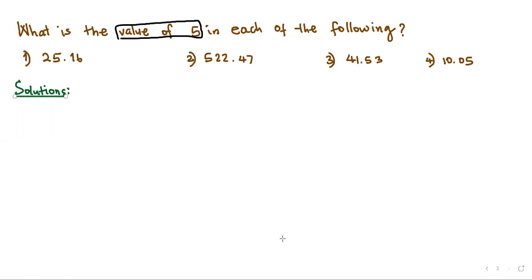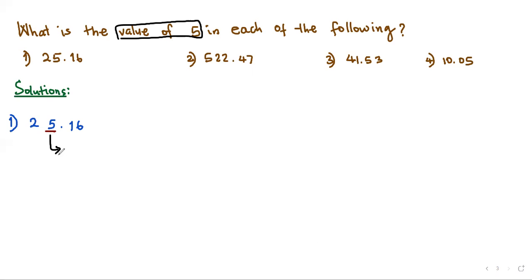Already we have seen what values are. So if we have 25.16, what is the value of 5? Ones. The value of 5 is not ones.